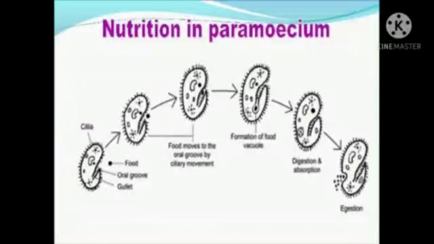Example, tiger and deer for the second case. For the first case, cow and grass. Grass is immobile, but the cow is mobile. It is able to move and it will go and eat the grass. That is the concept up to heterotrophic nutrition.